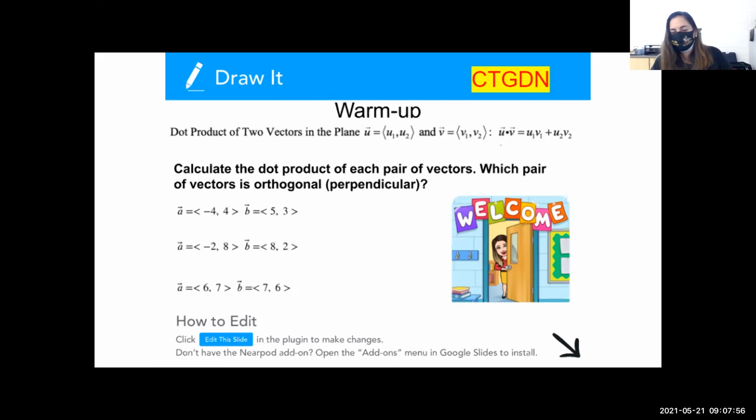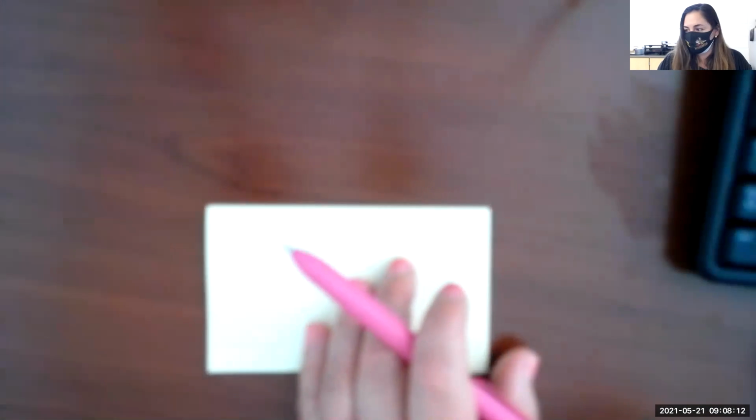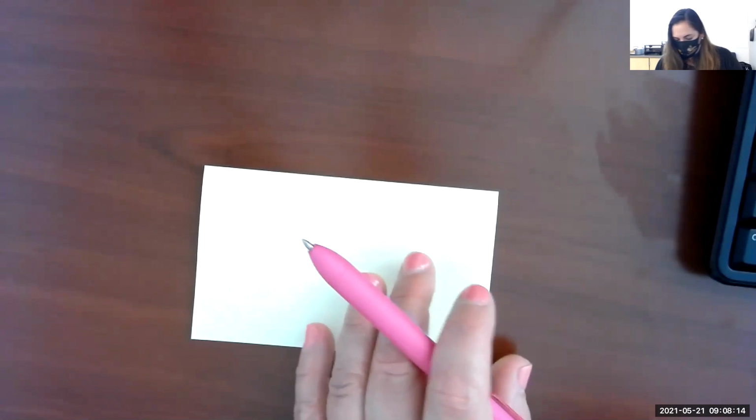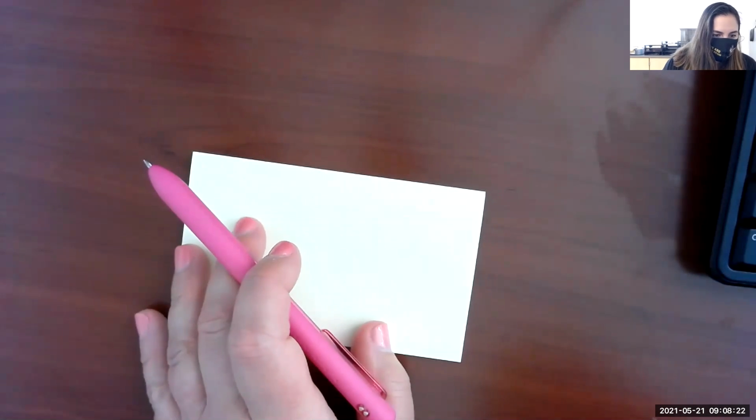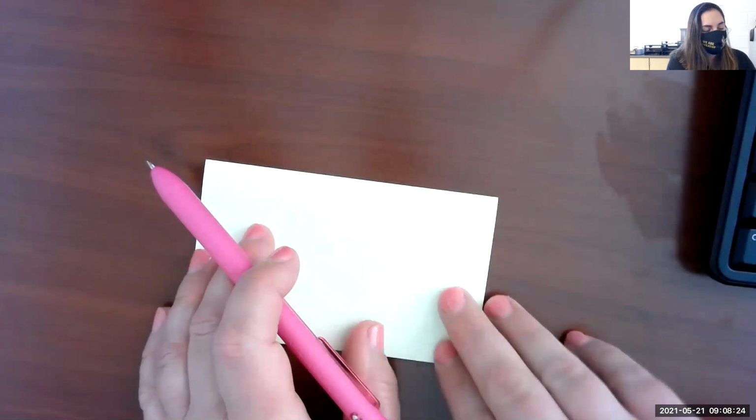All right, so let's talk about the first one. So if I have that first vector, I think everybody for the most part got that, right?